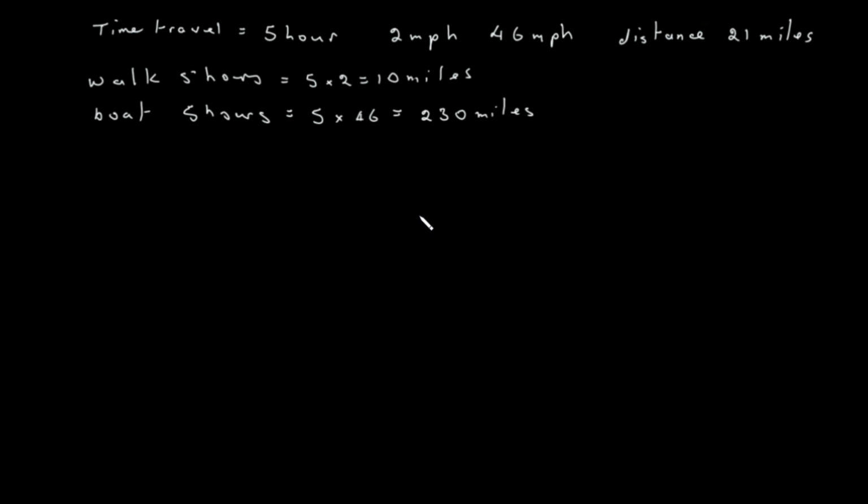Now like I said, let's consider the graph here. We have 5 hours total travel time, 0 hours. Now we're going to set this such that it is 5 hours for the boat.